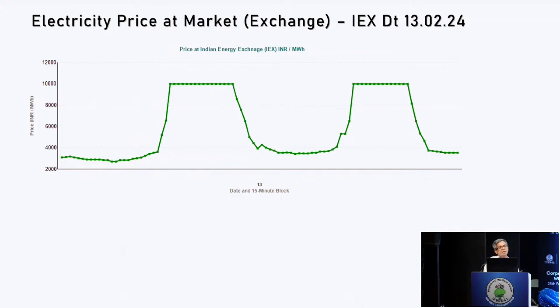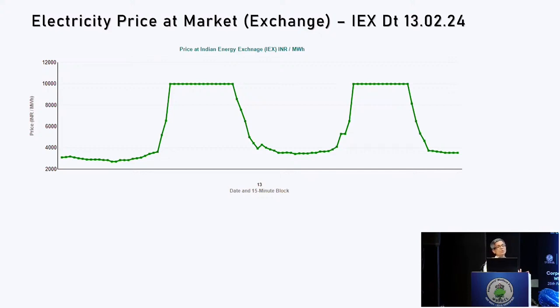Now you see, in the operation of the distribution system, the distribution company has to schedule what will be the demand the next day for every 15-minute time block.